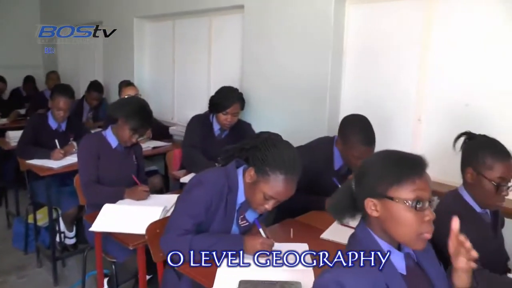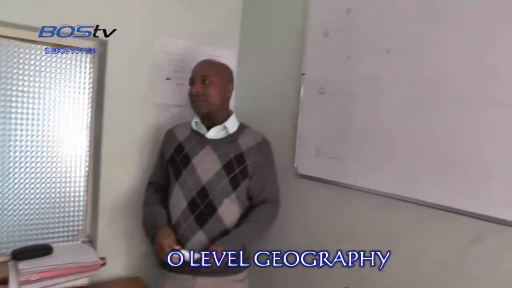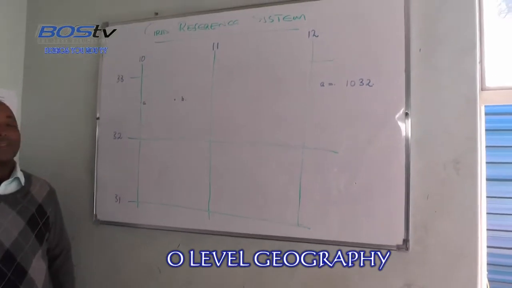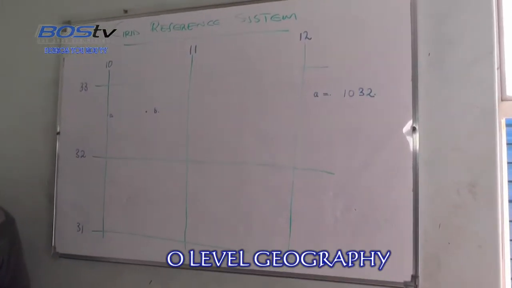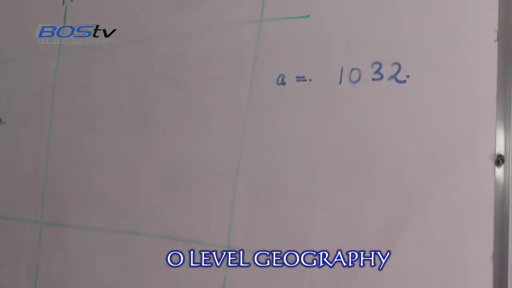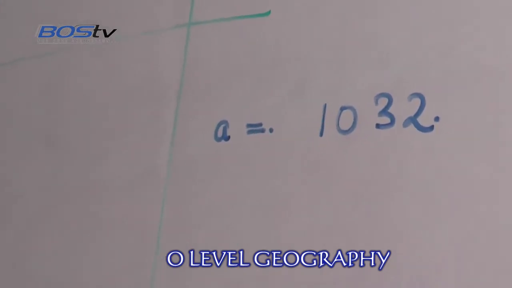Can somebody come up here and show us, giving instructions, how you come up with that figure 1032? You come and you demonstrate to the others how you get that.